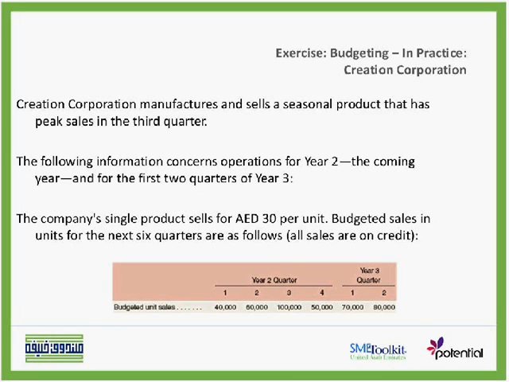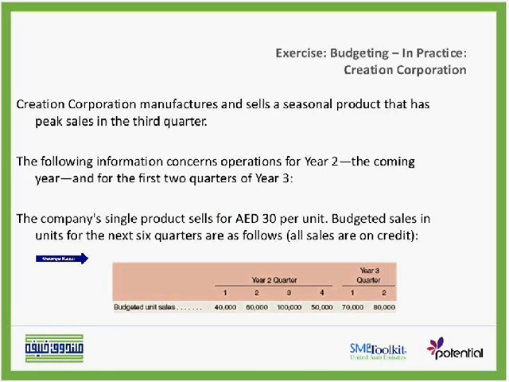Creation Corporation manufactures and sells a seasonal product that has peak sales in the third quarter. The following information concerns operations for year 2, the coming year, and for the first 2 quarters of year 3. The company's single product sells for 30 dirham per unit, and the budgeted sales in units for the next 6 quarters are as follows.